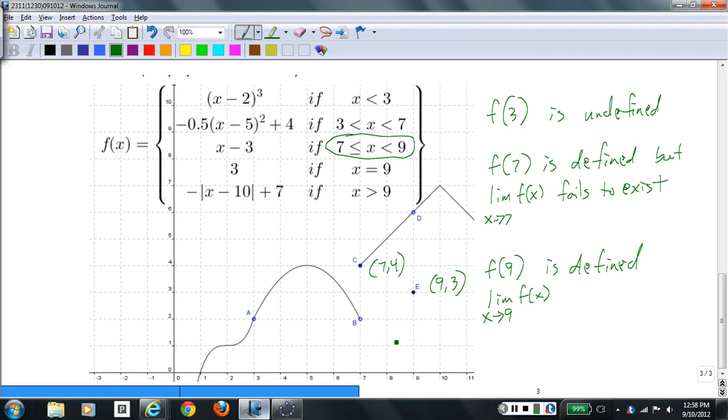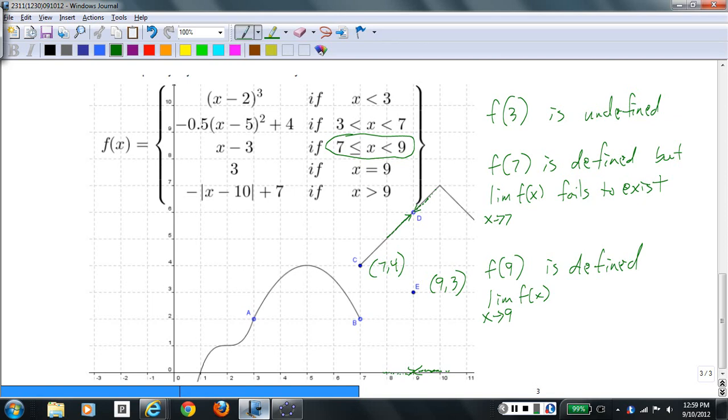As x approaches 9 this way, the y values appear to be approaching 6. And as x approaches 9 from this direction, the y values also appear to be approaching 6.